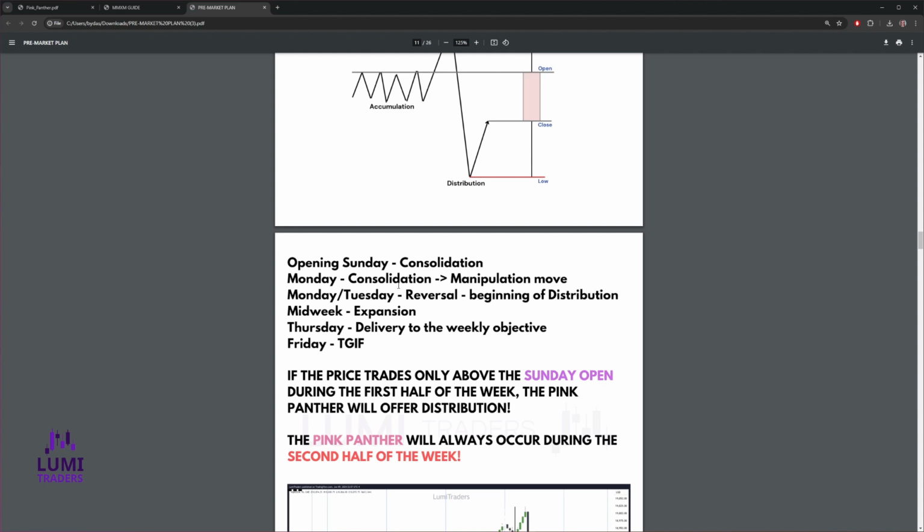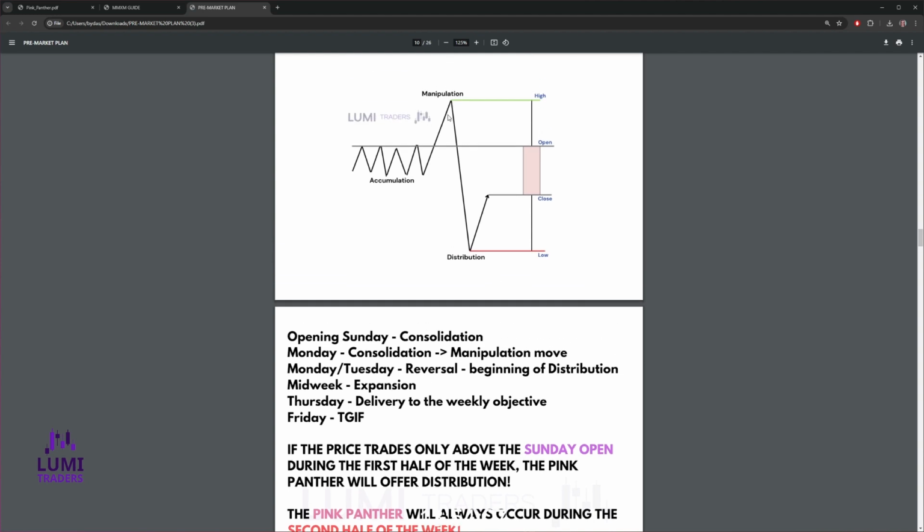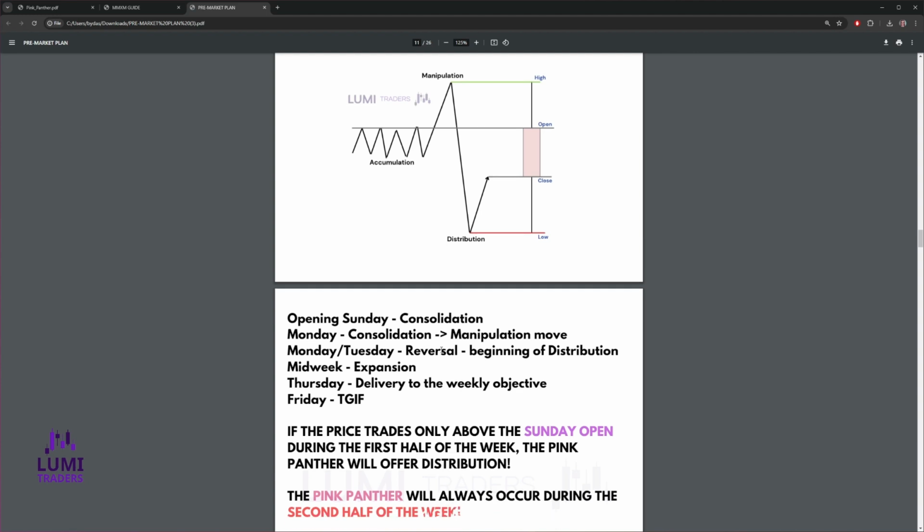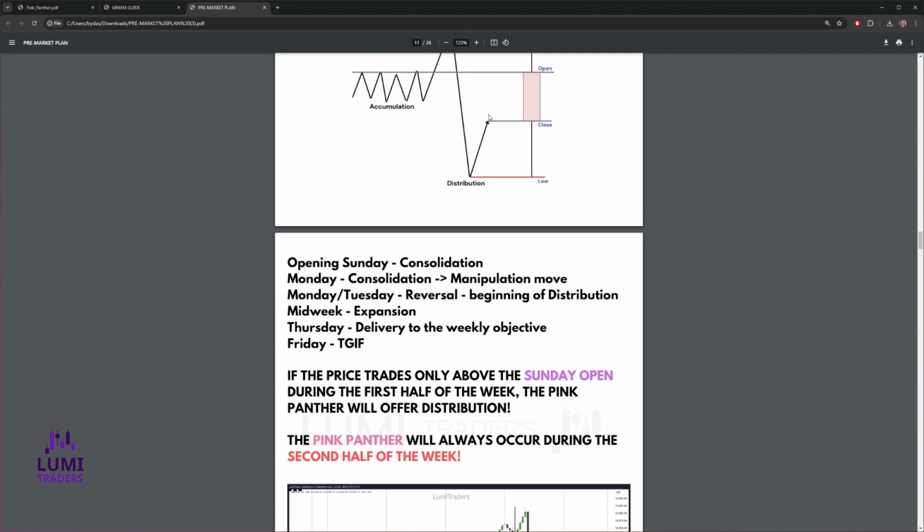Monday is going to be consolidation or the beginning of the manipulation move. Tuesday is going to be the end of manipulation and the start of distribution. Midweek, or Wednesday, is going to be this range expansion. This means it's going to be real distribution right here.